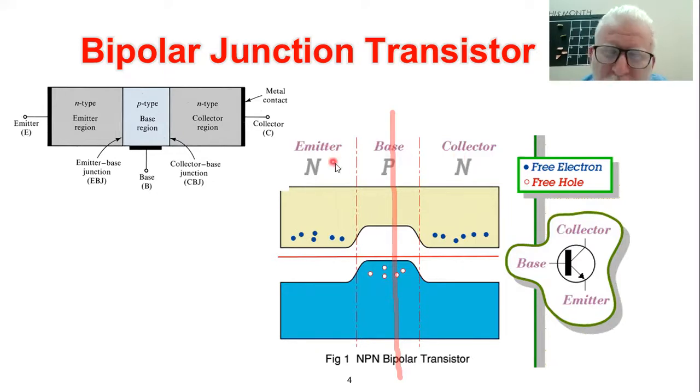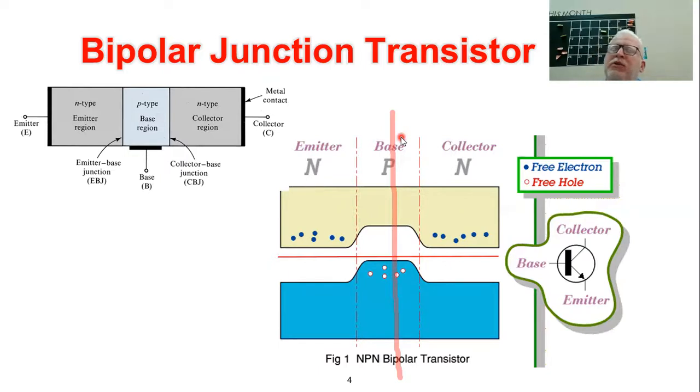So here we have what's called the emitter, the base, and the collector. Accordingly, we have 2 junctions: the emitter-base junction, and the base-collector junction.